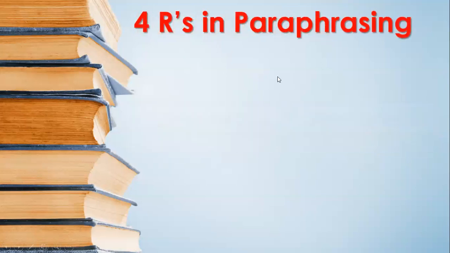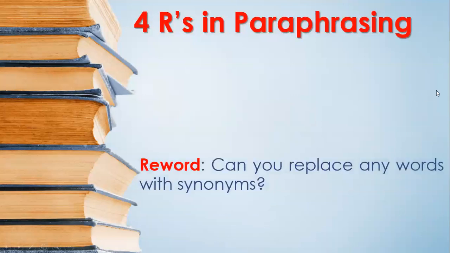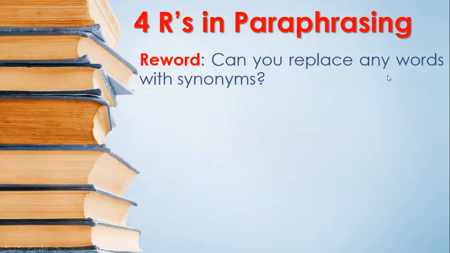Okay, so just the same with summarizing, you also have to keep in mind that you do not just simply paraphrase out of nothing or out of something. So you also have to keep in mind the 4 R's in paraphrasing. So what are the 4 R's? Reword.